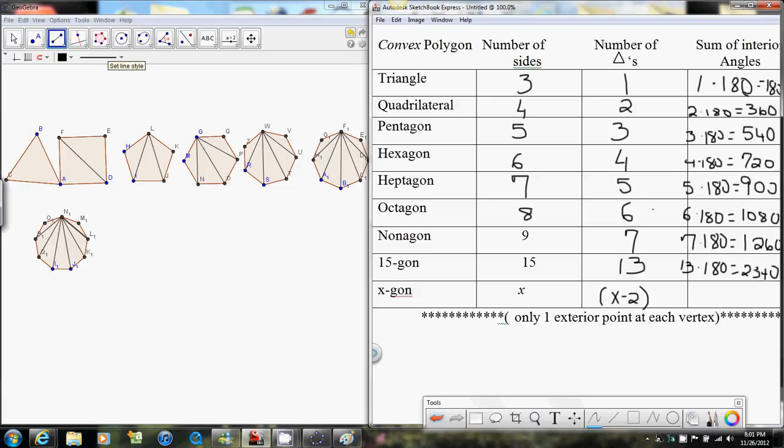And this number of triangles we multiply by 180. And there it is. And that is why the sum of the interior angles of a polygon is the number of sides minus 2 times 180 degrees.